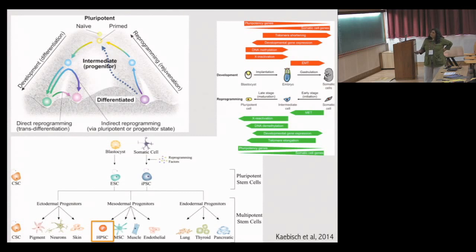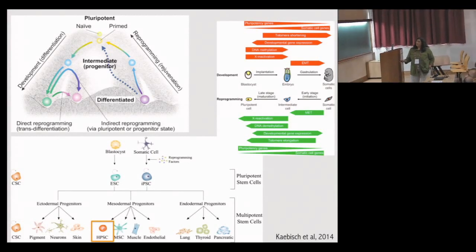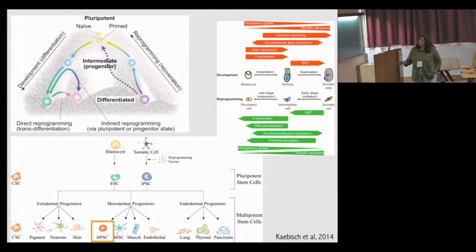Something that's expressed highly here is expressed low here, and so on and so forth. So there are certain features that increase in this direction during development and decrease in this direction during reprogramming. One kind of transition happens during development, a different kind of transition happens during reprogramming.